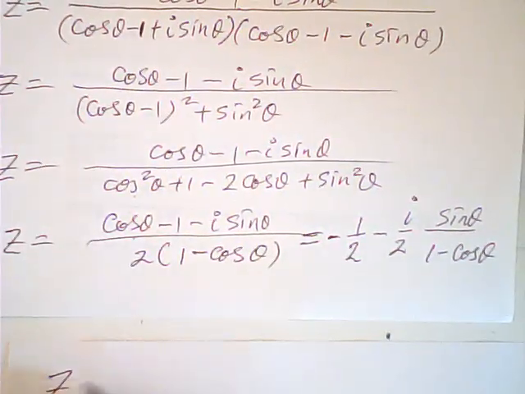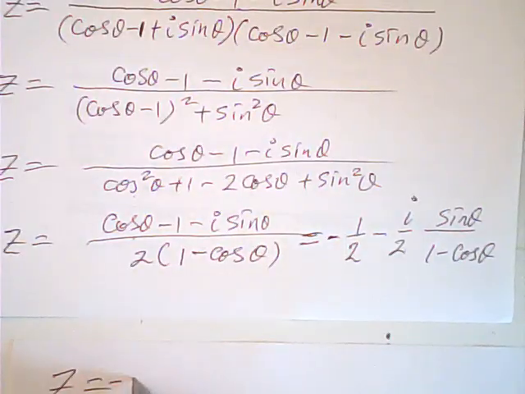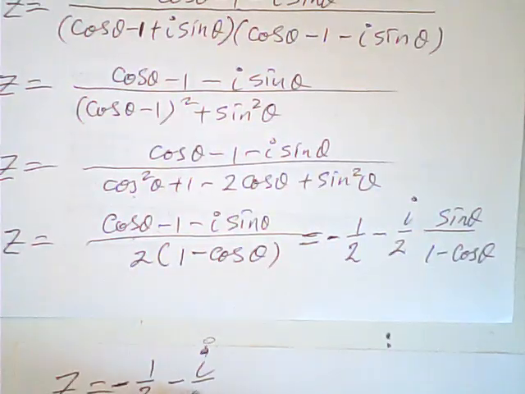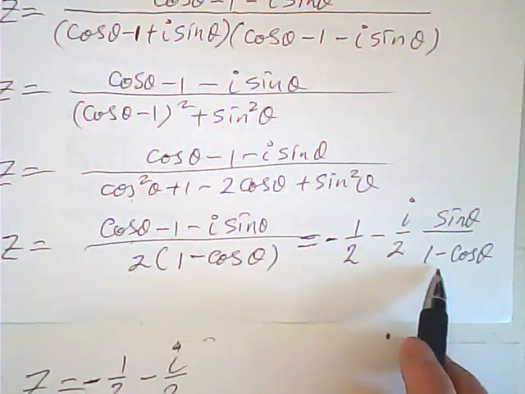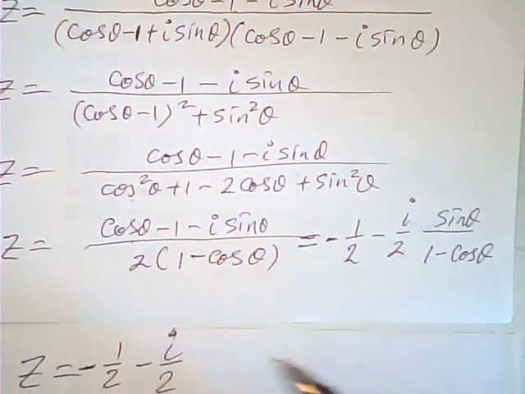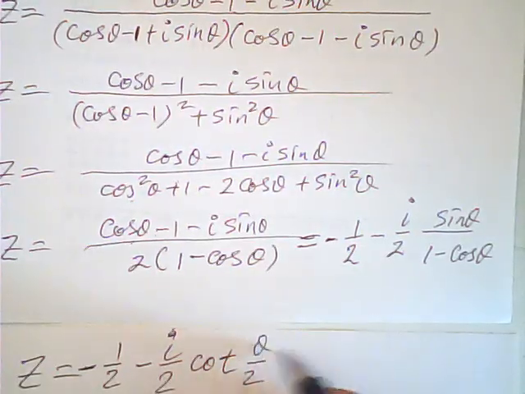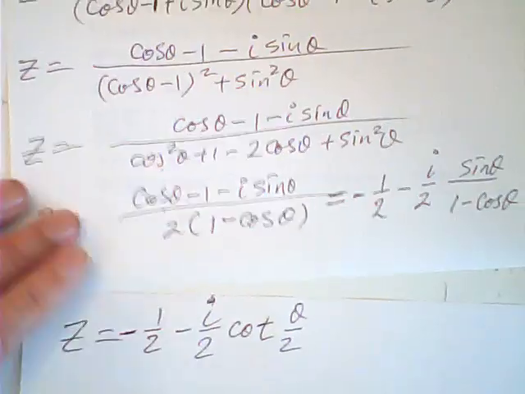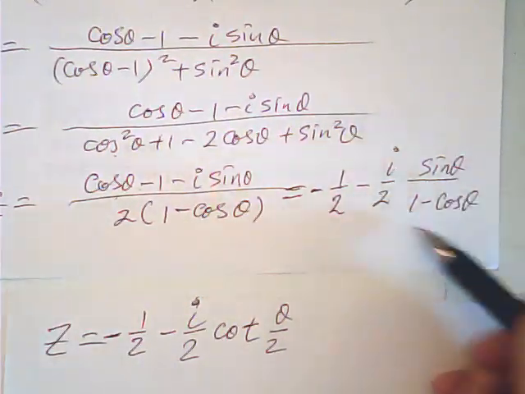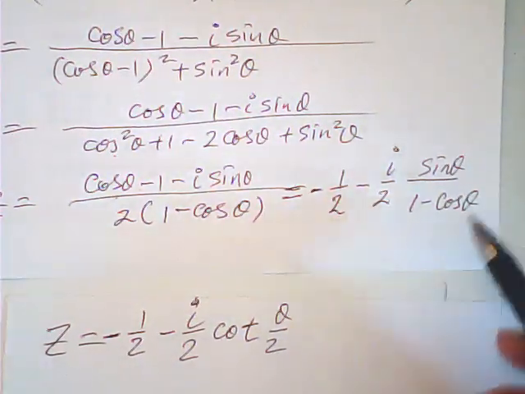Then z is equal to negative half minus i/2 times sine theta over 1 minus cosine theta. This is cotangent of half theta.